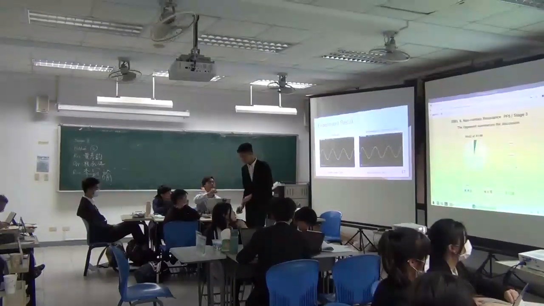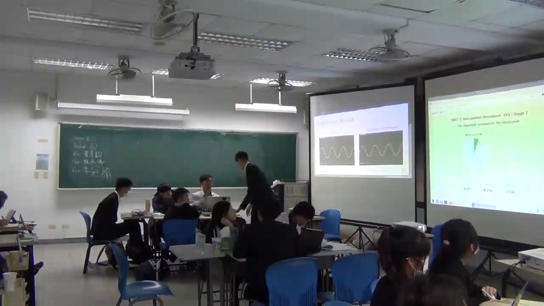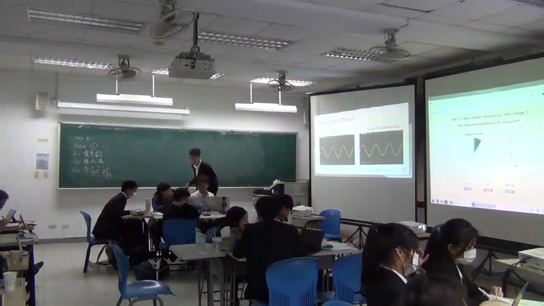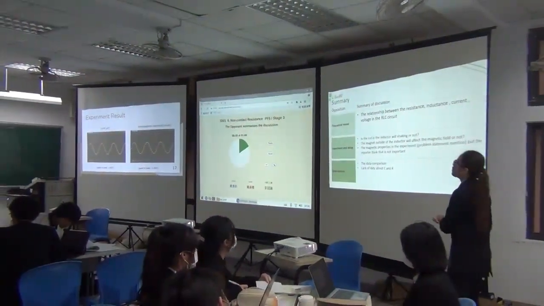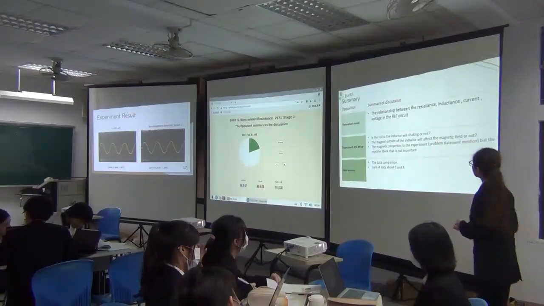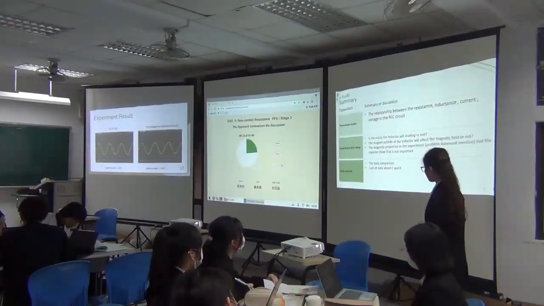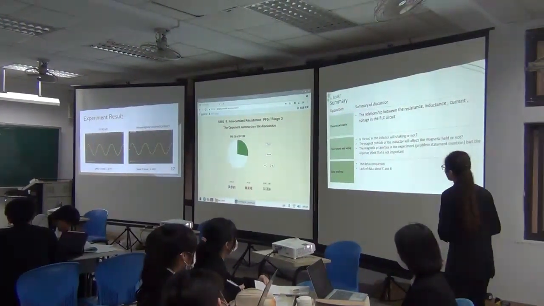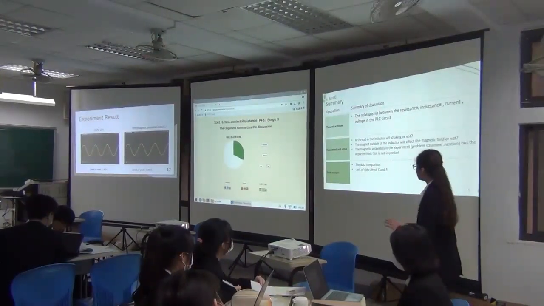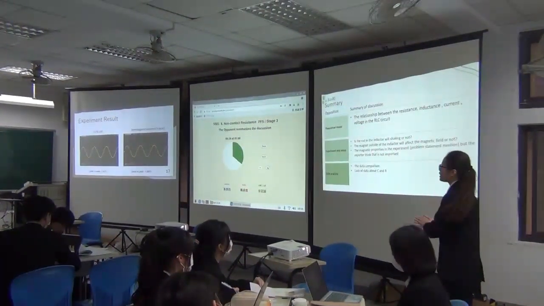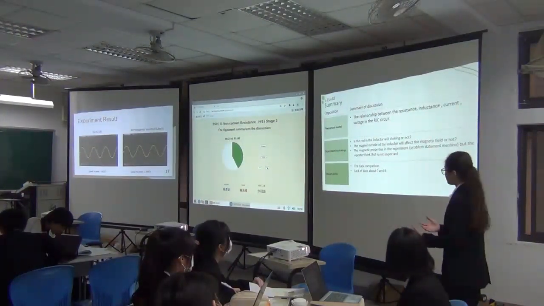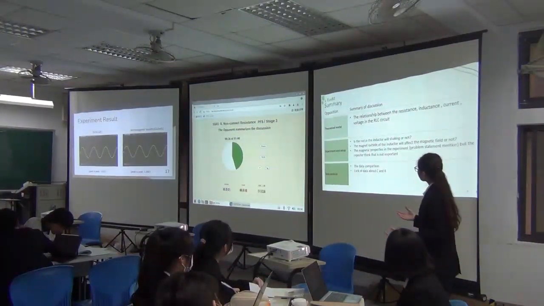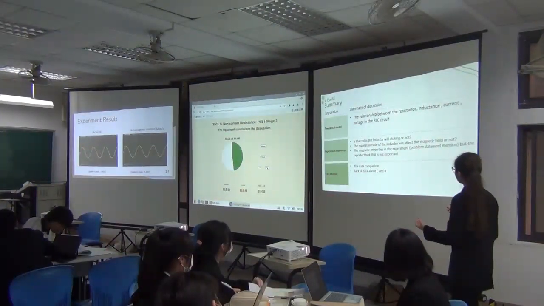Please summarize. Okay, this is my summary of the discussion. For the theoretical part, we talked about the relationship between the resistance, inductor, current and voltage in the RLC circuit. And the experiment is set up. We talked about whether the rod in the inductor will shake or not, and the reporter said he didn't really observe this phenomenon. We also talked about whether the magnet outside the inductor will affect the magnetic field or not.